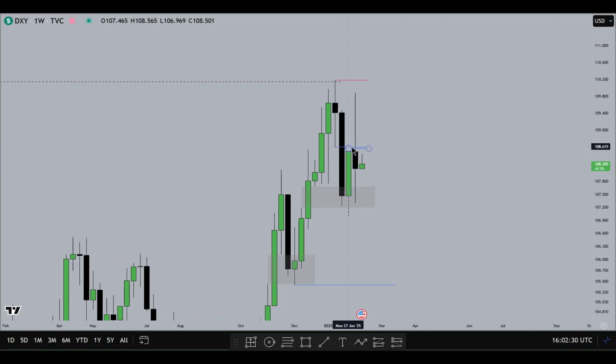It can stay here as long as it wants, just consolidating inside this price action. But if you have a weekly candle that leaves this price level, either a close above this CB or below this BC. See that? If you have a close above, it can be the signal to see the potential continuation higher. And if you have a close below this BC, it can trade down and back down.